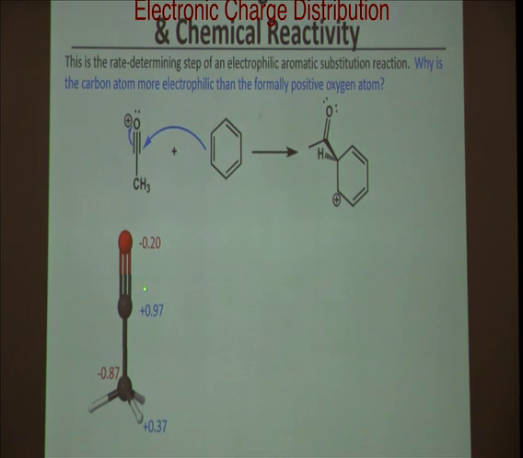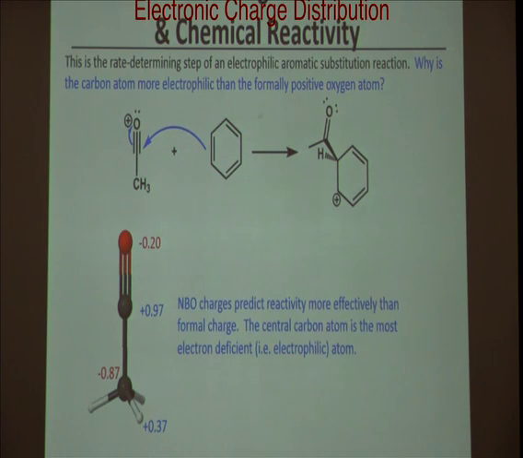So clearly, by these NPA charges from the NBO calculation, the carbon atom is the most positive and should be the most electrophilic. And so again, we want to emphasize that this idea of formal charge being useful to predict reactivity is a little bit tenuous.